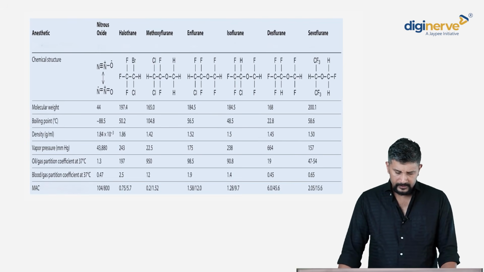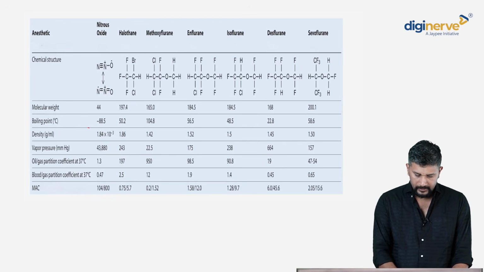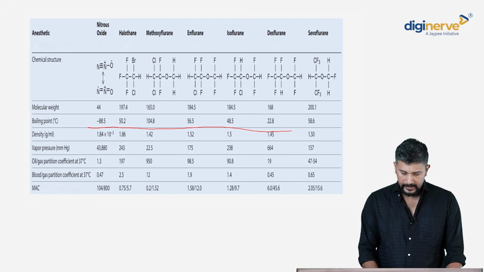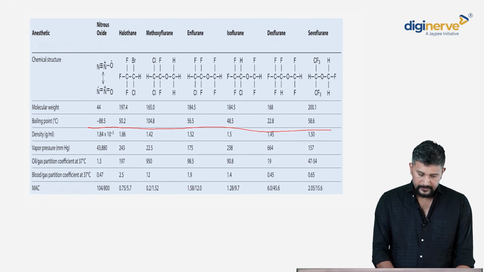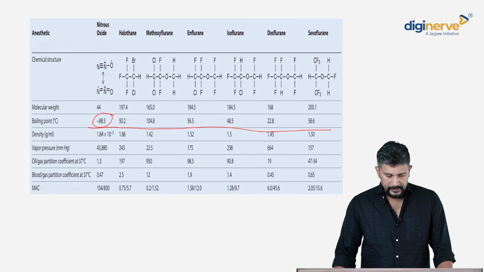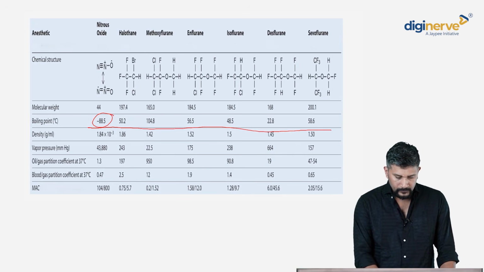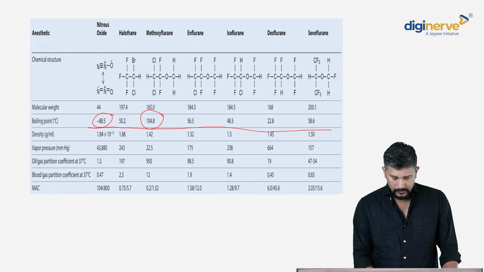Again, this brings us to this picture which shows us the boiling point of the different volatile anesthetic agents used. So you have nitrous oxide with a boiling point of minus 88.5 degrees Celsius. Methoxyflurane has the highest boiling point of 104.8 degrees Celsius.